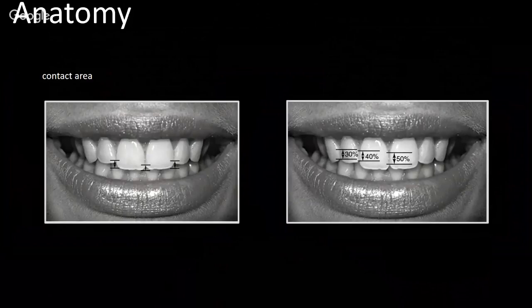For instance, the contact areas: we can see that the contact areas are longer between the central incisors, and then they become a little bit shorter and shorter.